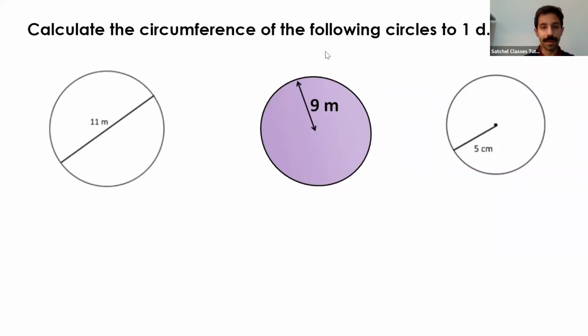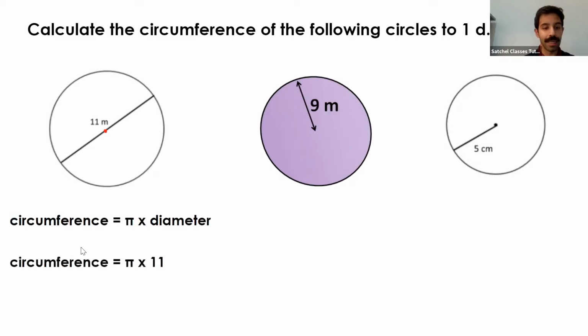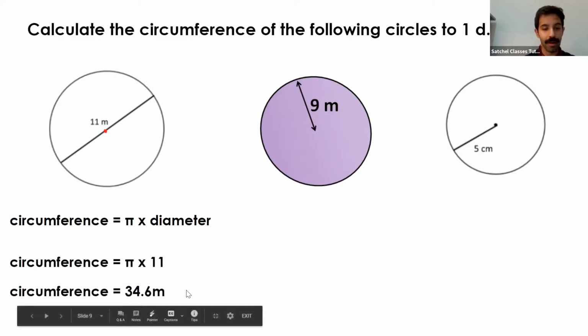Usually you will be able to, so I'll just draw that in. So let's say that is the center point of our circle. So circumference is pi times the diameter, so we can work that out as pi times 11. And if we type that into our calculators, we'll get 34.6 meters to 1 decimal place.